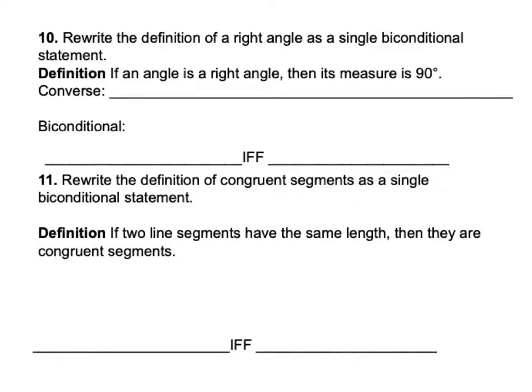Okay, so we're just going to practice this a little bit more. Rewrite the definition of a right angle as a single biconditional statement. If an angle is a right angle, then its measure is 90. The converse would be, if 90 degrees, then right angle, and we know that that's true.